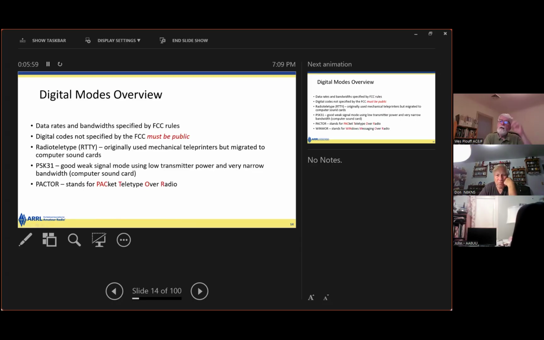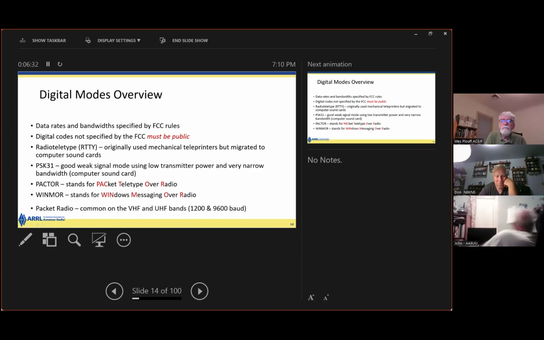Pactor is a packet mode, and I'm going to go into details of all of these. But Pactor stands for packet teletype over radio, which is sort of a historical name that dates back to early in the internet years, because packet radio has a lot in common with the digital protocols that we use over the internet.